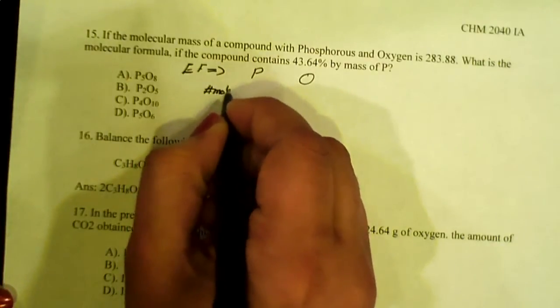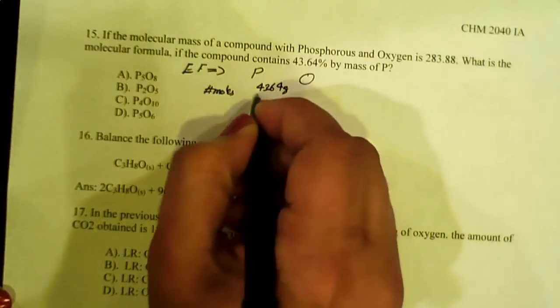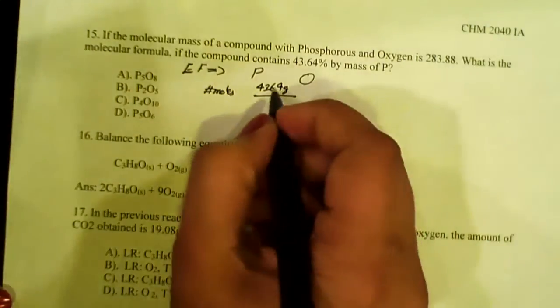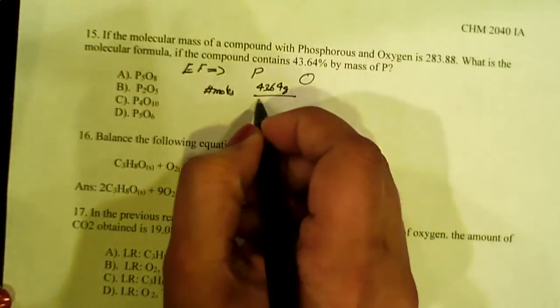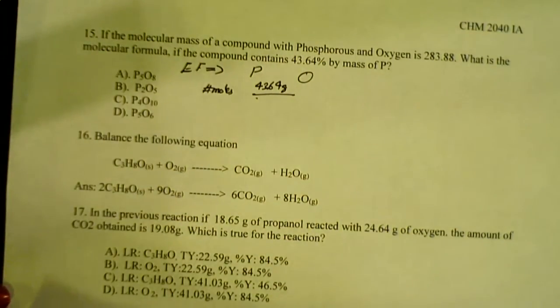So to figure out the empirical formula, you have the elements phosphorus and oxygen. The percentage of phosphorus is given, which is 43.64%. Or you can say in 100 grams of that compound there will be 43.64 grams of phosphorus.